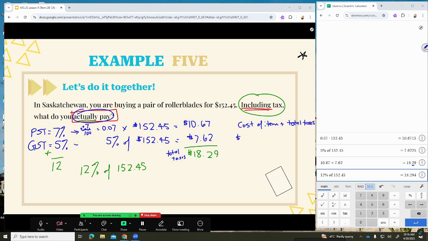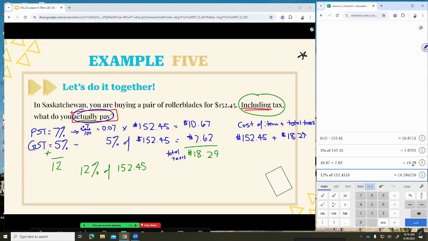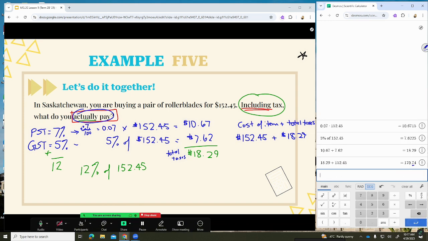The cost of the item, the rollerblades, are $152.45 plus our taxes, $18.29. $18.29 plus $152.45. We get a total of $170.74.